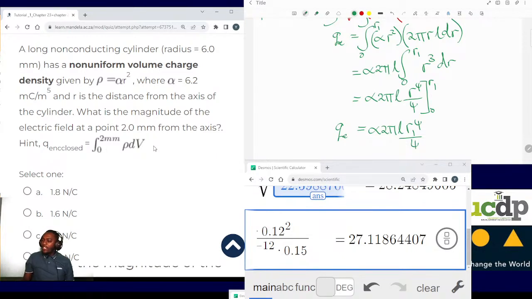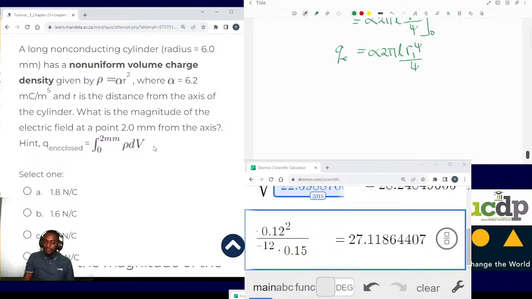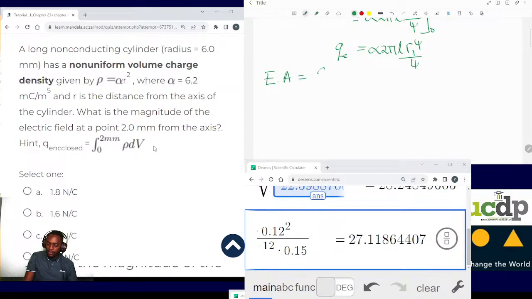Now that we have our charge enclosed, what do we then do? We now go back to what we already know, that E A is equal to charge enclosed over epsilon naught.